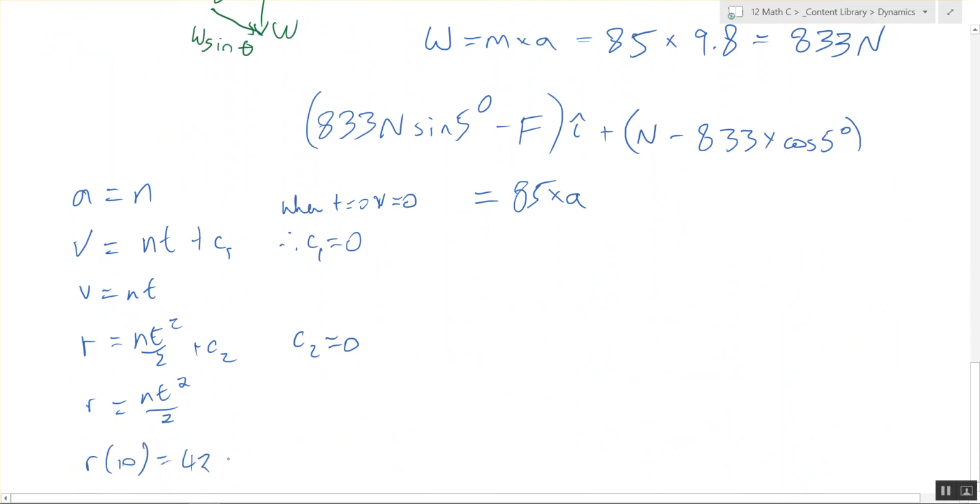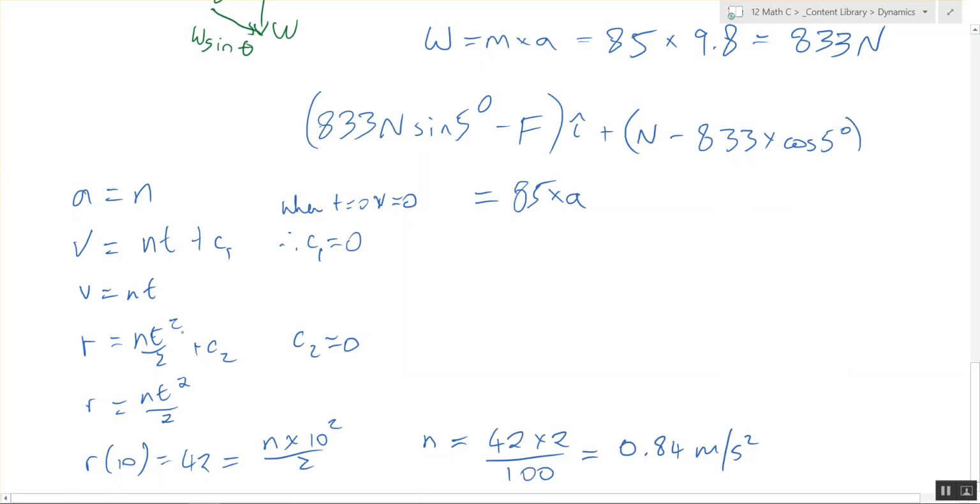When t equals 10, r equals 42, so 42 equals a times 10 squared divided by 2. Isolate a to find the acceleration. 0.84.